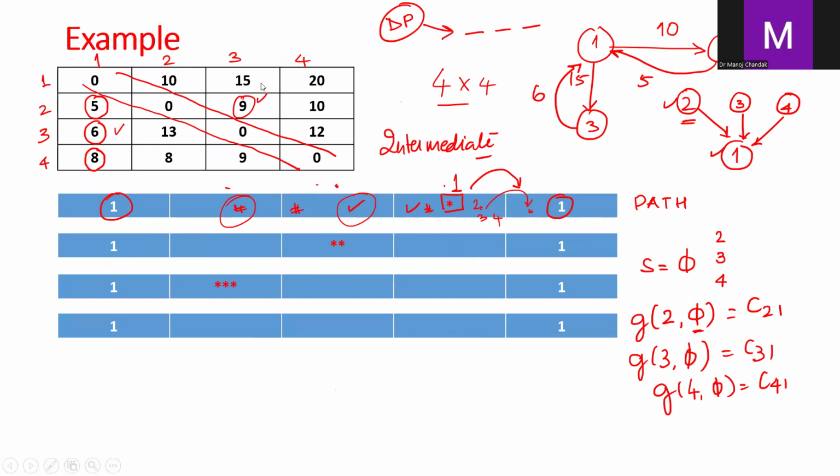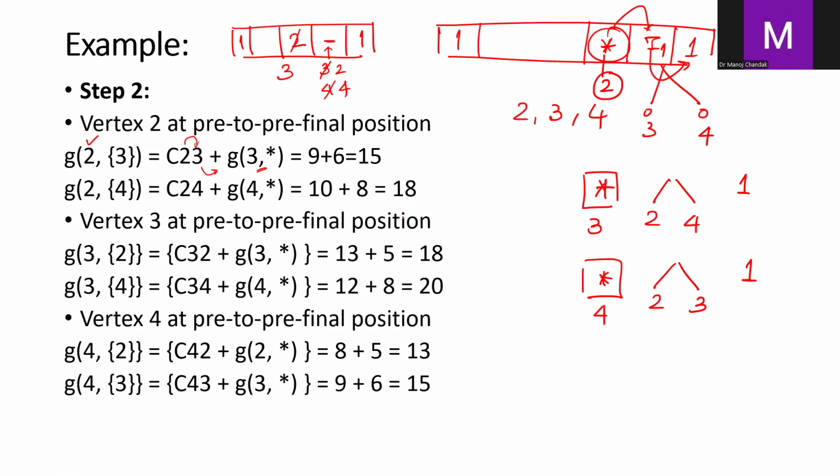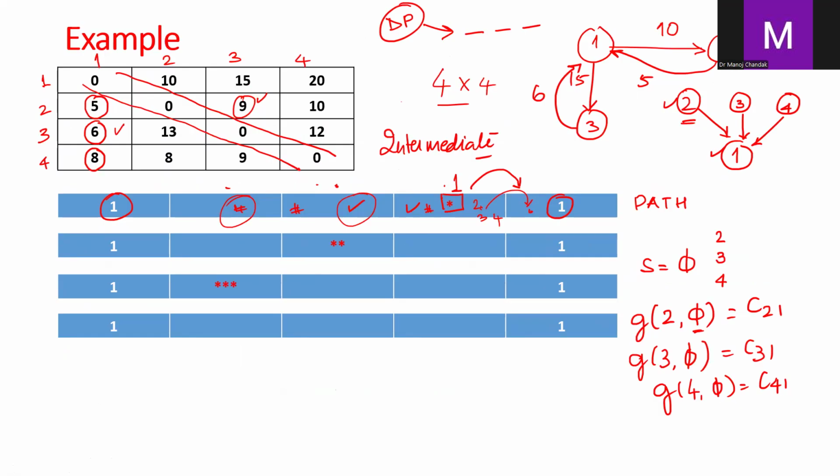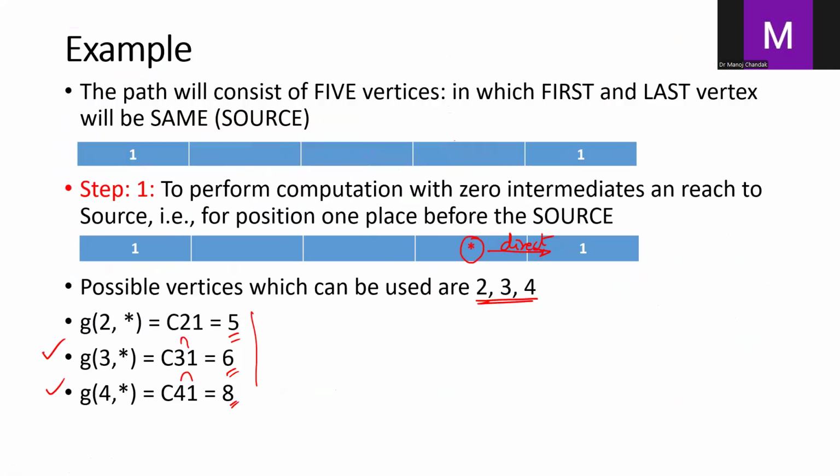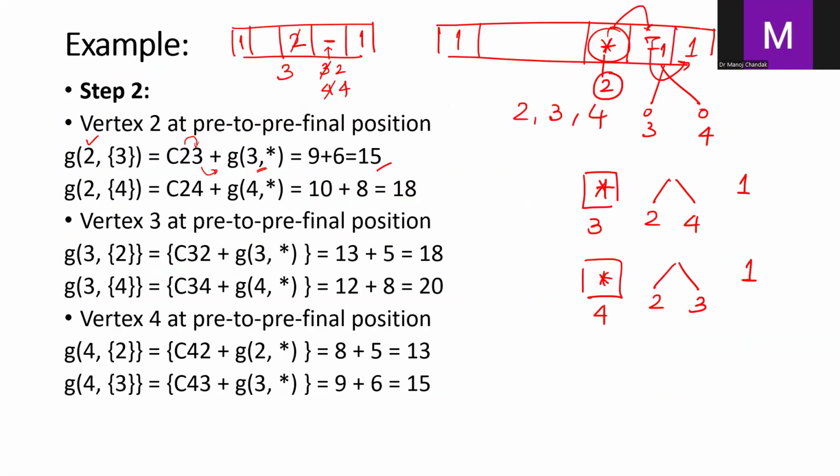So these two will contribute total value of 15. Similarly, if I want to travel from 2, then 4, and then 1, then I can use what? 2 to 4, that is 10, and 4 to 1, that is 8. So this will generate value 18.